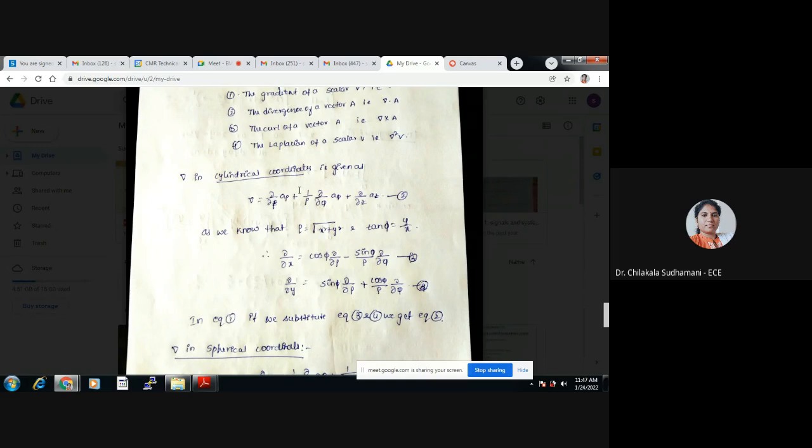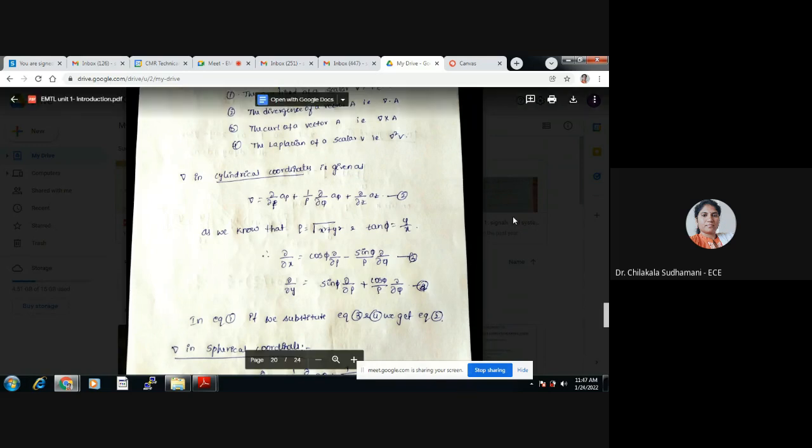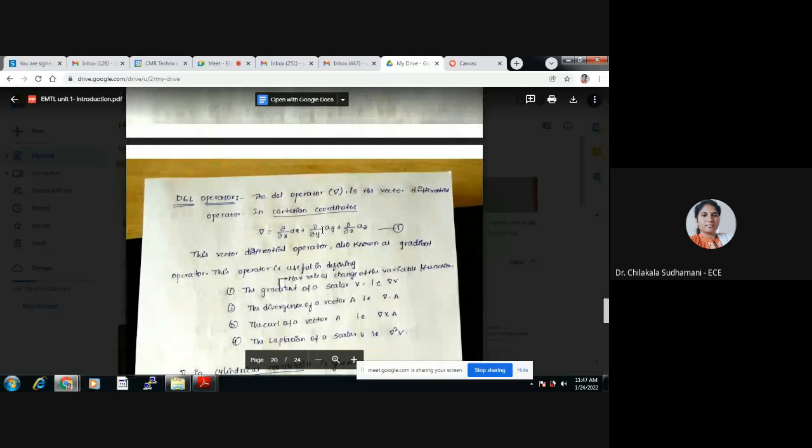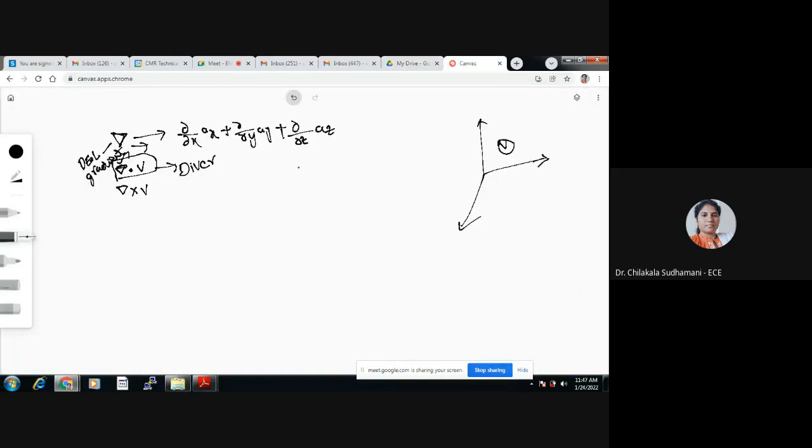How did we get here? 1 by rho means, if you know the relations, we have dou by dou x, dou by dou y and dou by dou z, right? If I want to convert this into a cylindrical coordinate system, then I have to use the relations.